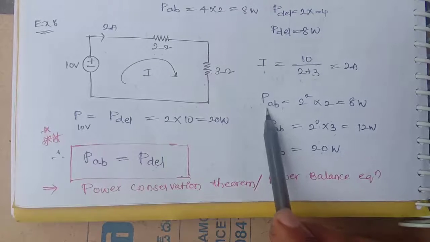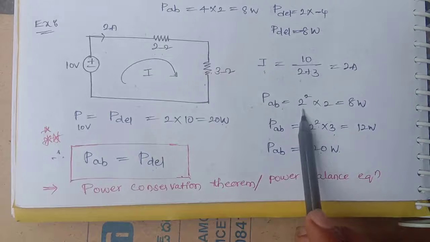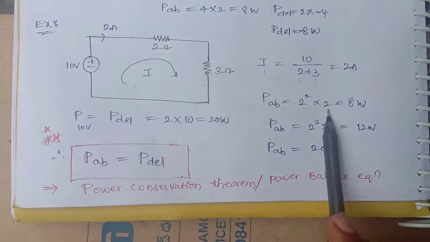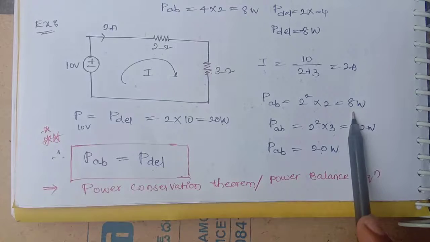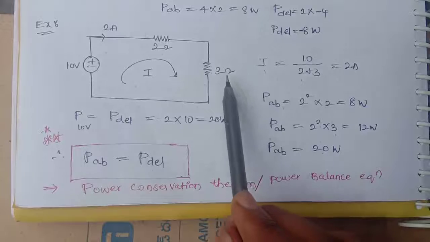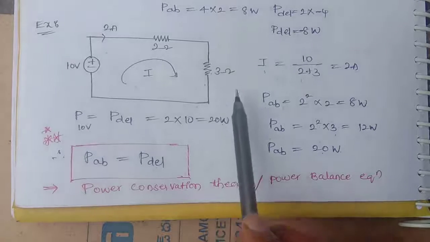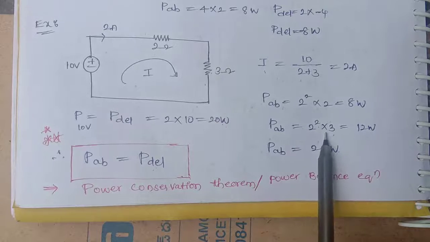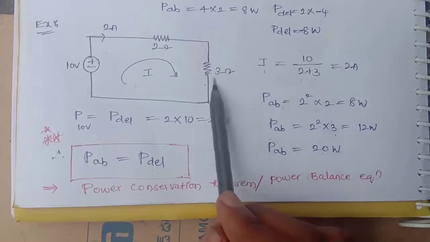Now we will find the power absorbed by this 2 ohm resistor, that is P = I², that is 2² into the resistance, that is 2 ohms. We get 8 watts of power absorbed by the 2 ohm resistor. Now we will find the power absorbed by this 3 ohm resistor. That will become P absorbed = I², that is 2² into the resistance, that is 3 ohms.